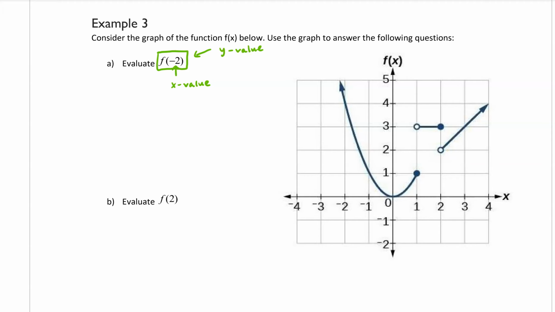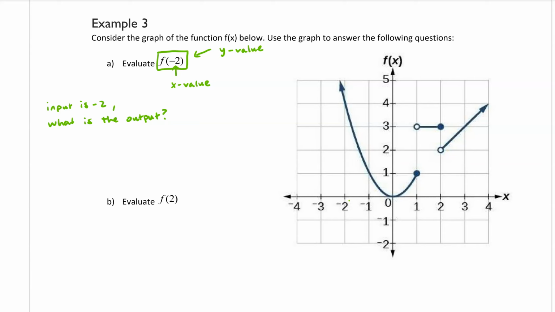So we want to try to figure out if our input is negative 2, what is the output? So I'm going to go along my x-axis.